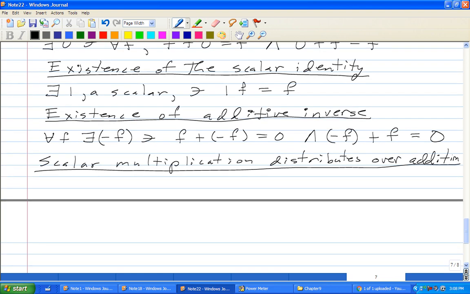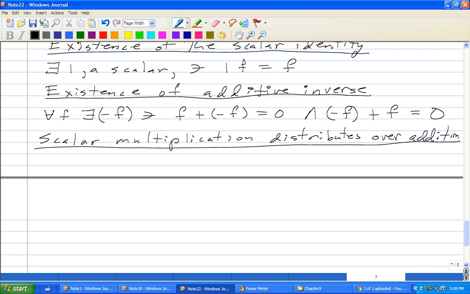So let C be a scalar, let f and g be functions, then C times the sum of f and g is the sum of the scalar product of C times f with the scalar product of C times g.